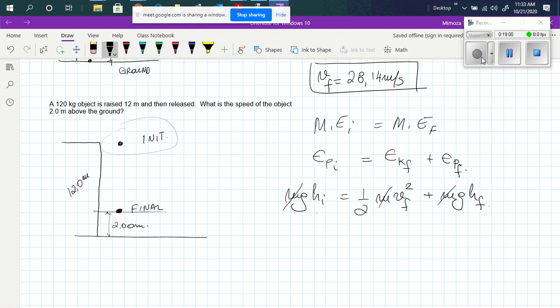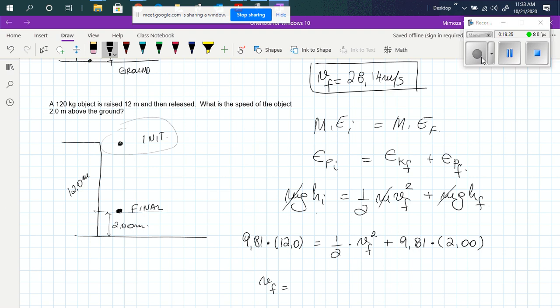We are talking about the same object. So 9.81 times 12 is equal to 1/2 times v final squared, which is the speed we are looking for, plus 9.81 times 2 meters, because this is what it is at the final.